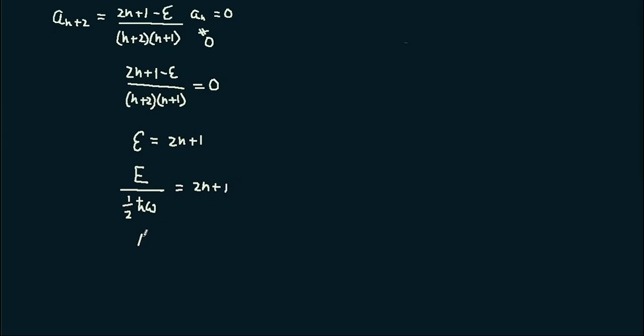And this finally gives us the energy eigenvalues for the harmonic oscillator, which is (n + 1/2) h bar omega. So this is our final result for n whole numbers, including 0.